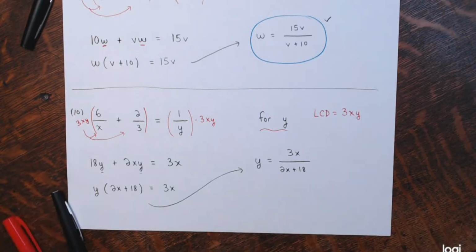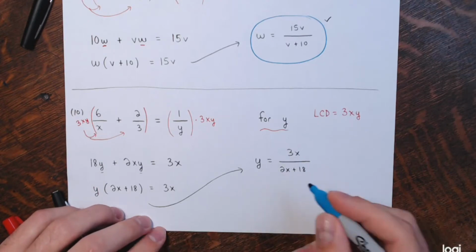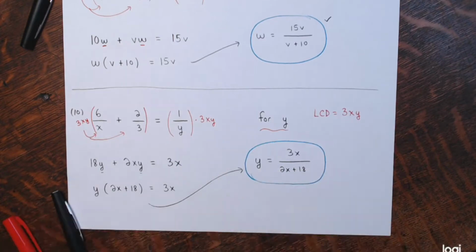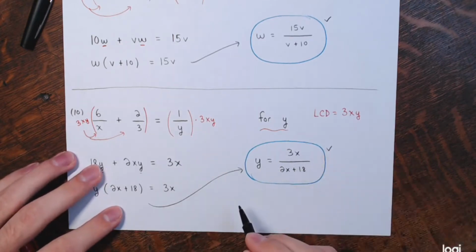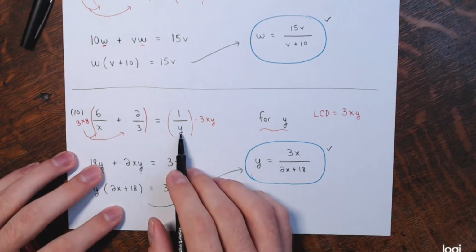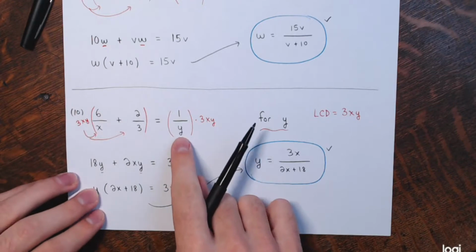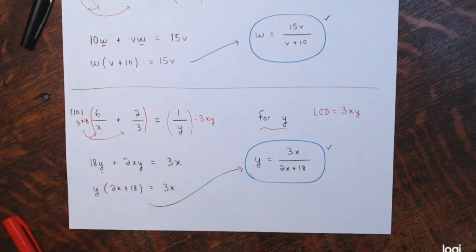Again, you could factor a 2 out, but there's no factor of 2 in the numerator, so this is as simple as that fraction gets. And check it, don't forget to check it. Replace y back in the original statement, before I did all the writing here. Replace y with this expression, and simplify both sides, and you should see that both sides give you the same expression. It'll be a true statement.